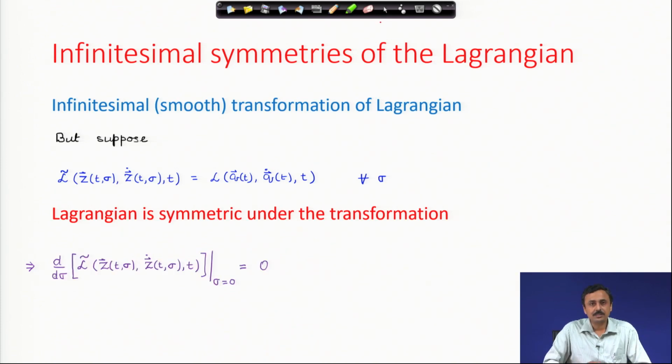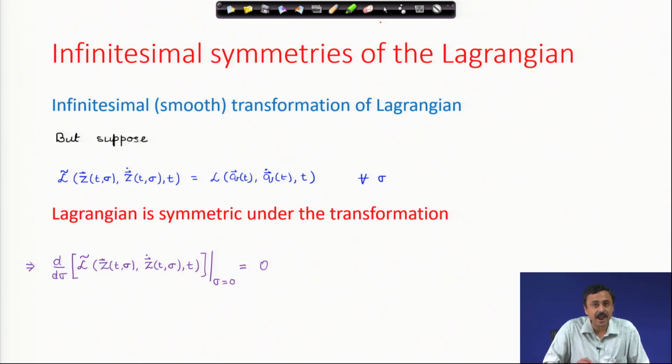And this can imply, and this is very easy to see, that d sigma of the new Lagrangian at sigma equal to 0 is equal to 0, which means that the new Lagrangian does not change with sigma. dL tilde d sigma is the change, or the variation, of the new Lagrangian with respect to sigma.